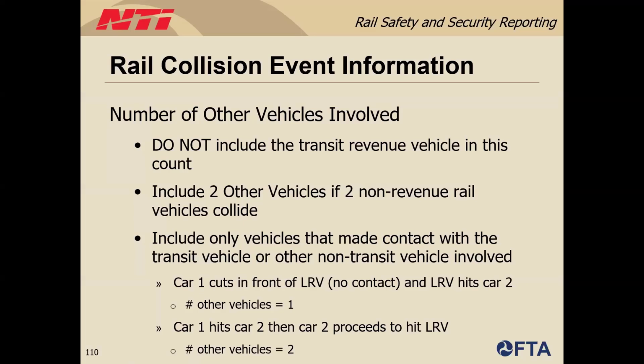If car 1 hits car 2, and then car 2 proceeds on to hit the LRV, the number of other vehicles to report is 2, since both car 1 and car 2 had contact with each other before they had contact with the transit vehicle. Just as a reminder, please do not include the total number of vehicles involved. We're only talking about the non-transit vehicles in this case.